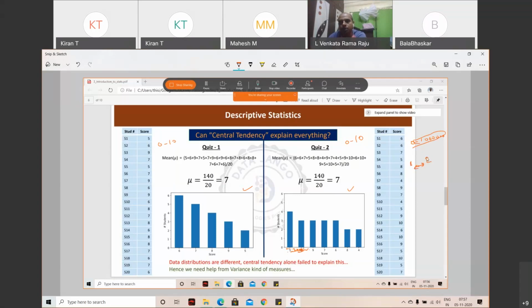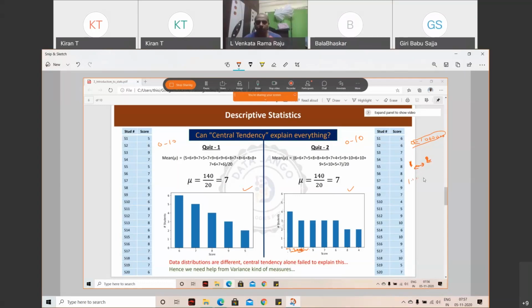You know integers and real numbers, right? How many are there? Infinite. 1.1, 1.11, 1.101, 1.0000. That infinite number is what we call continuous values. Either it is continuous values or the discrete range is high, then we go with histogram.